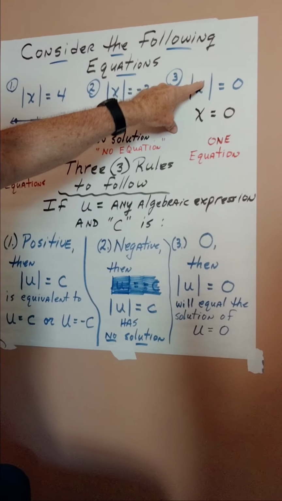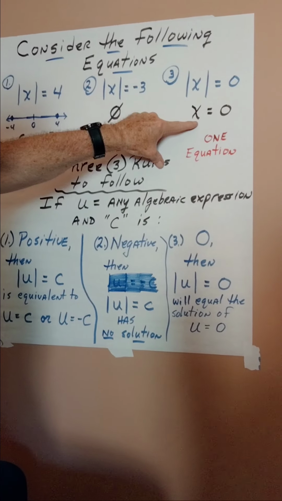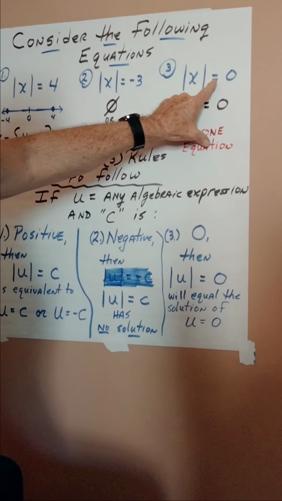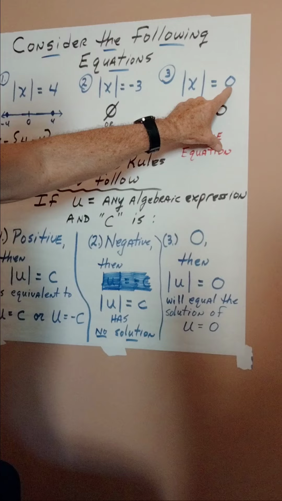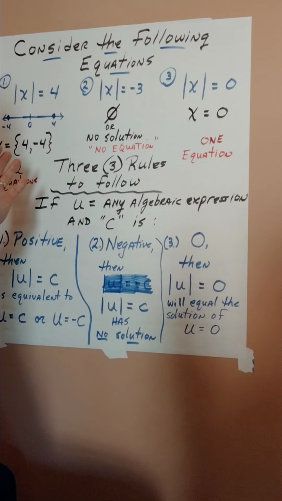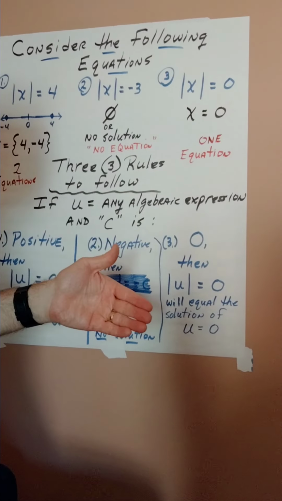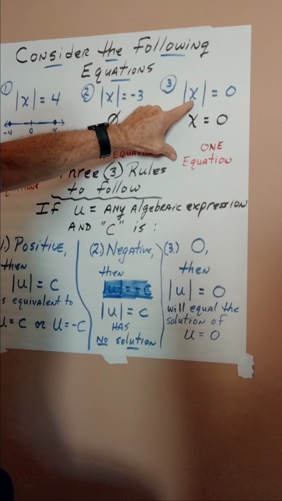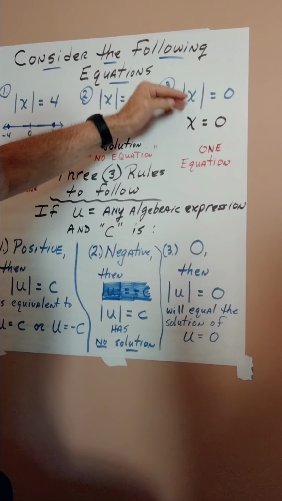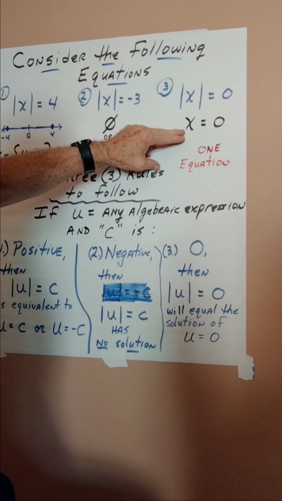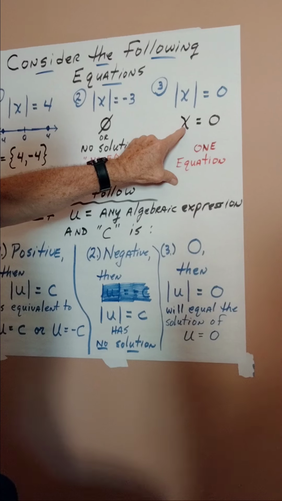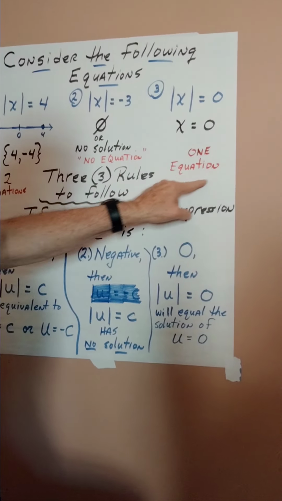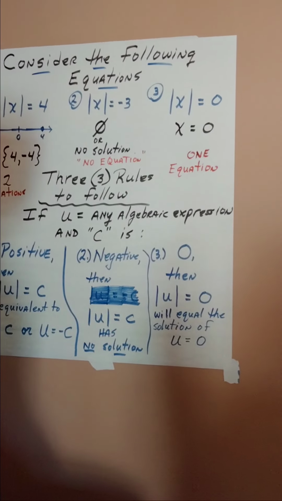And then the third and final scenario is, what if you have an absolute value expression that is equal to 0? Not positive, not negative, neutral, not signed, 0. Then that algebraic expression, when you bring it out from underneath the absolute value device, will be equal to 0. There will only be one equation that you will be solving.